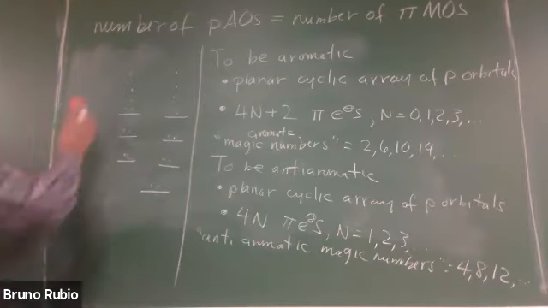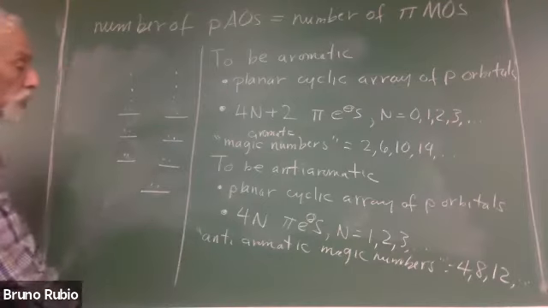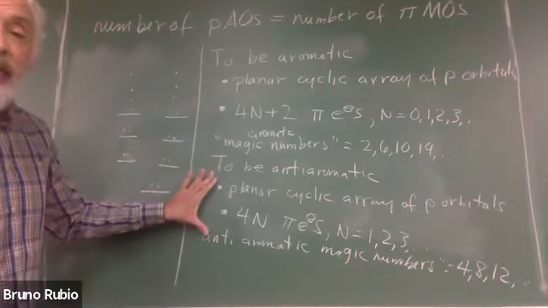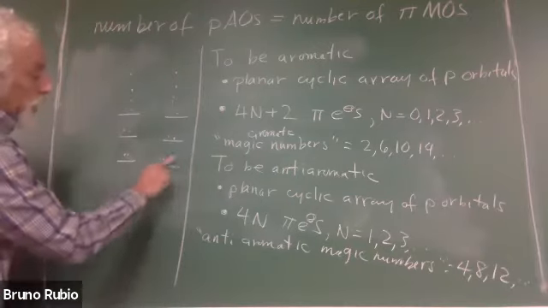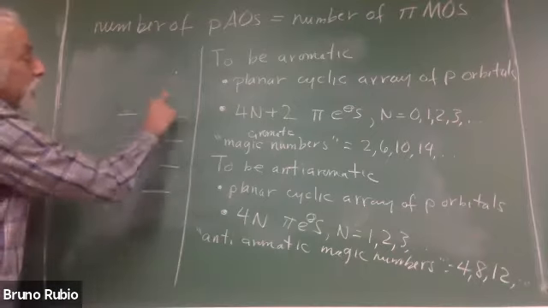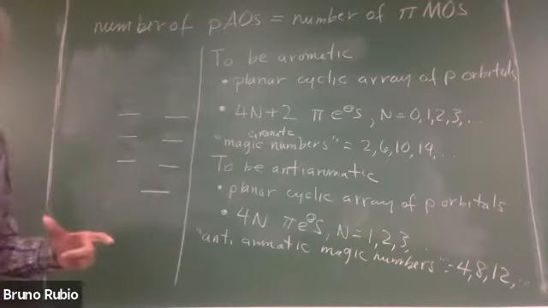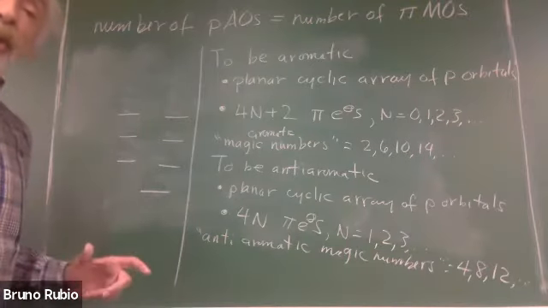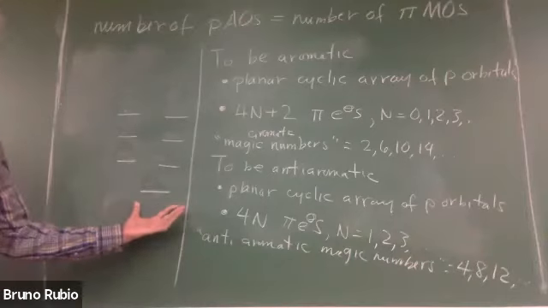Okay, so let's do some problems. Oh, but before I do that, where does this anti-aromatic come from? Well, when we go back, remember I said that this was the pattern when we draw those polygons and draw those dotted lines through the polygons and draw the molecular orbitals. This is the pattern that emerges.